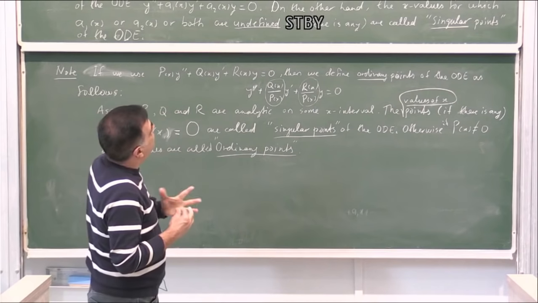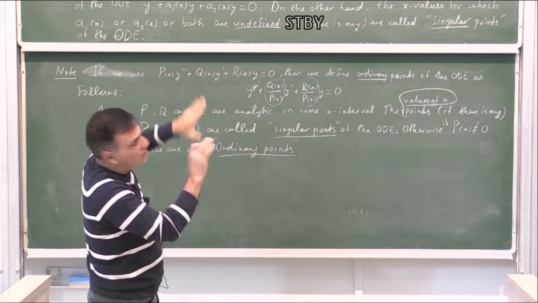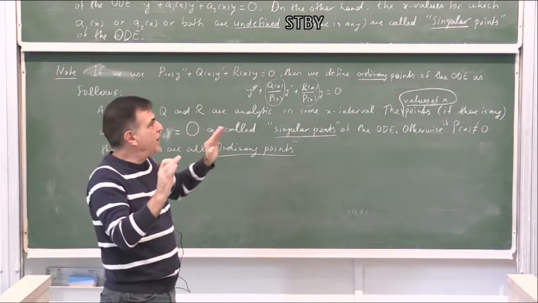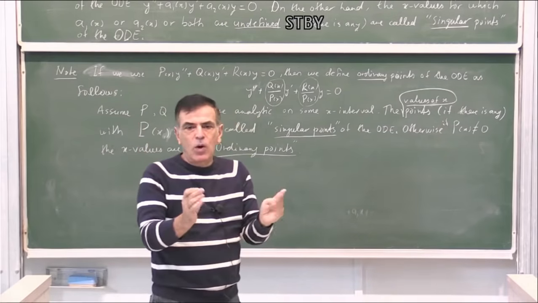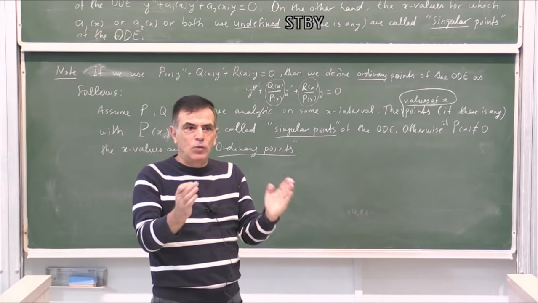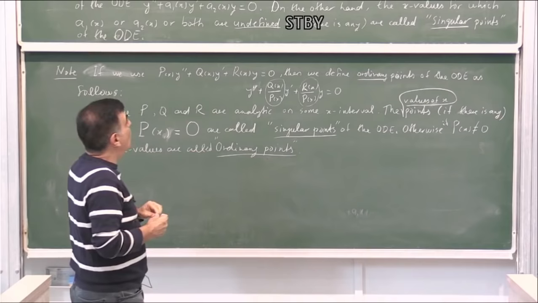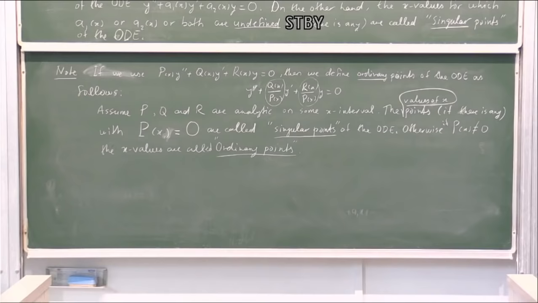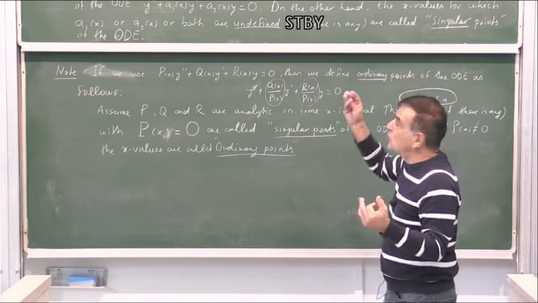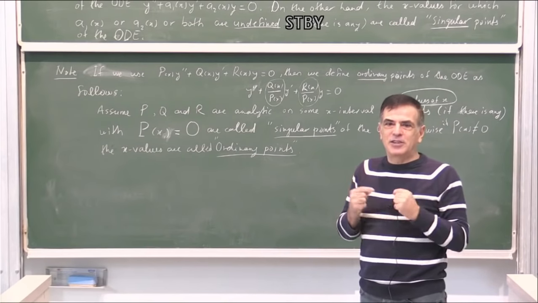The existence uniqueness theorem tells us that when you find the singular points, you define one or more x intervals in which a solution is sure to exist. Okay? And furthermore, if the coefficient functions are analytic at some x, which is called an ordinary point, we expect that the solution is also analytic, so it has a Taylor series representation.